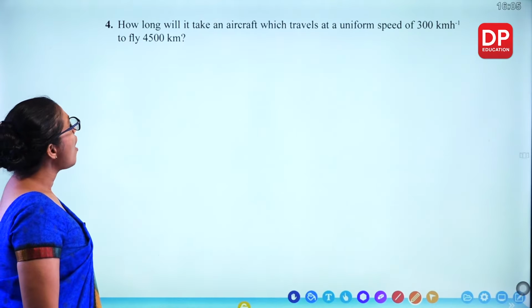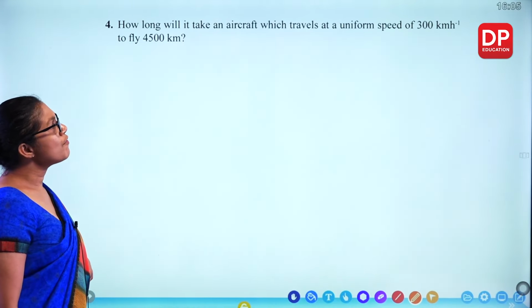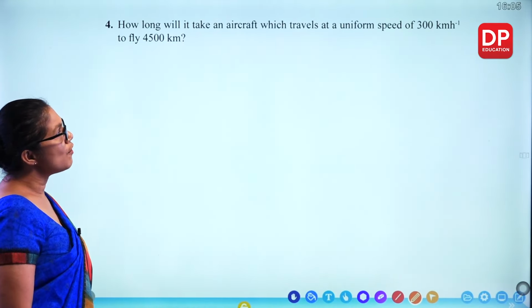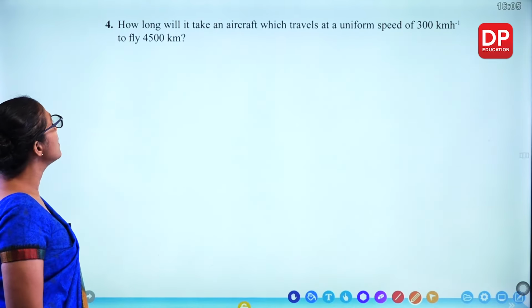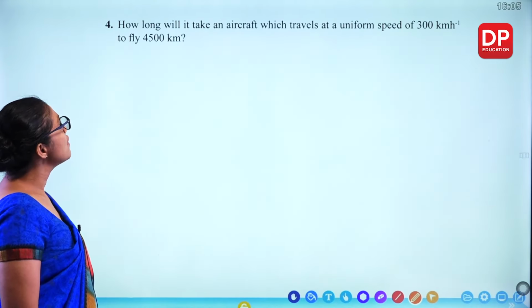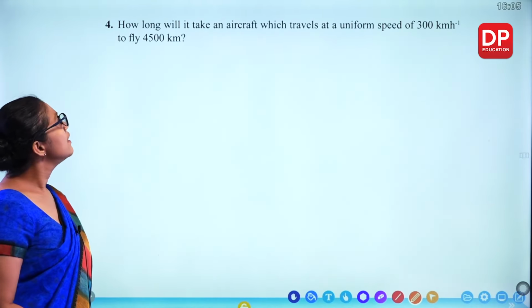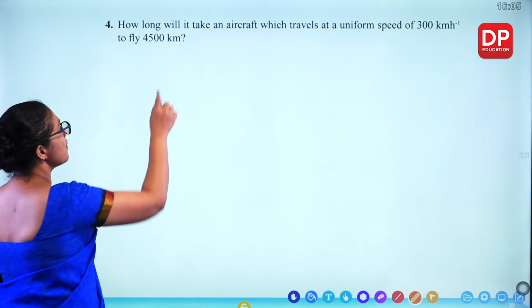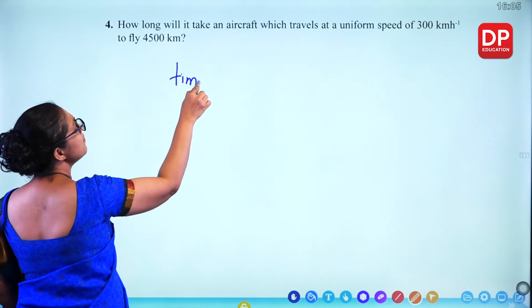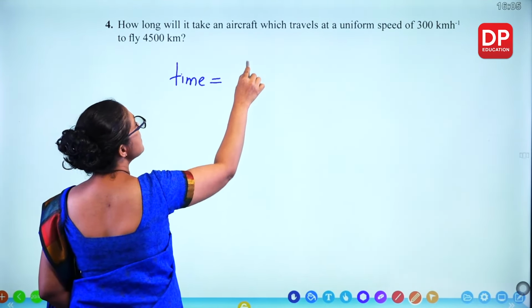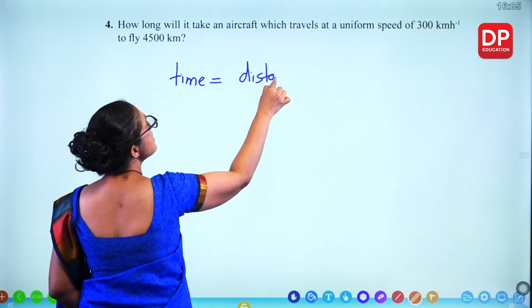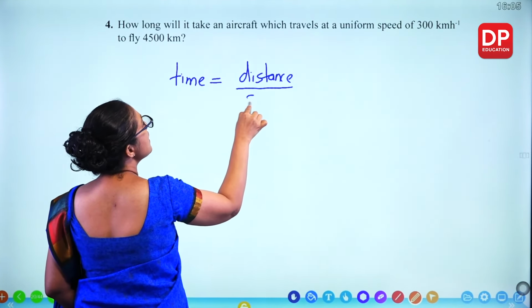Question number 4. How long will it take an aircraft which travels at a uniform speed of 300 kilometers per hour to fly 4,500 kilometers? Now they are asking about time. So what's the formula for time? Time is equal to distance over speed.